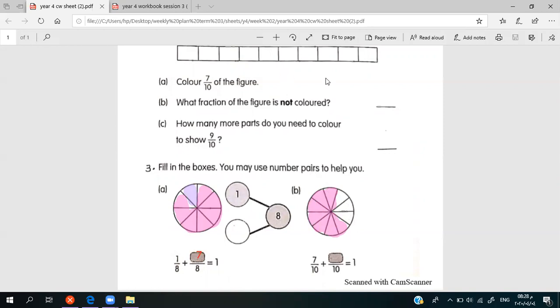The left are 3. So 3 from the 10 to give me a whole one. Okay, guys? He showed you that for this 10, the denominator is a 7 and a 3. Here, for the 8, the denominator is a 7 and a 1. Okay?